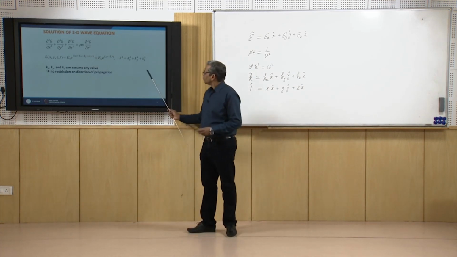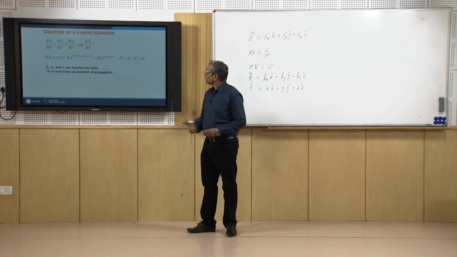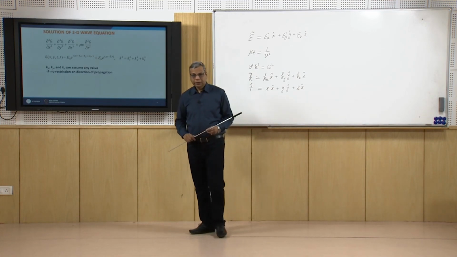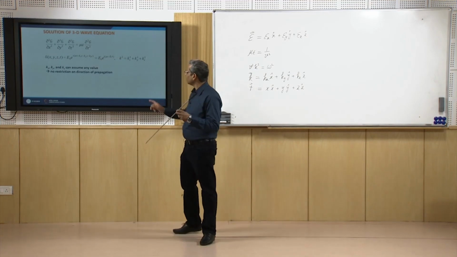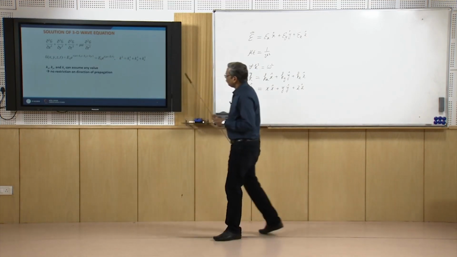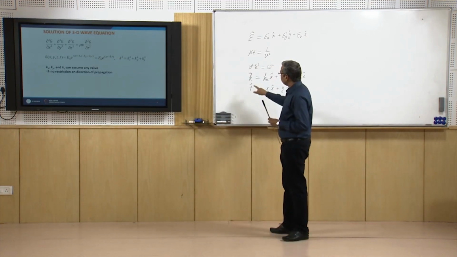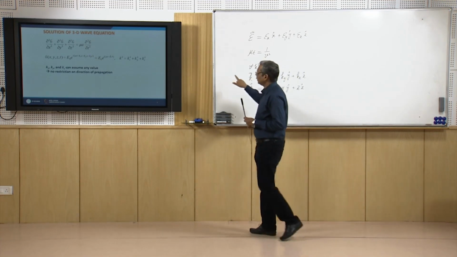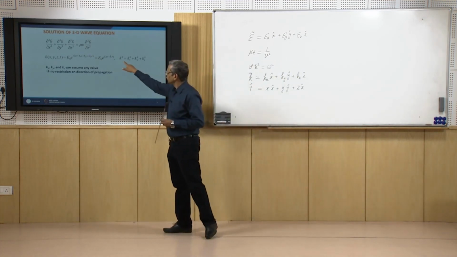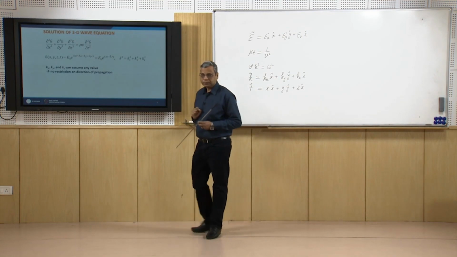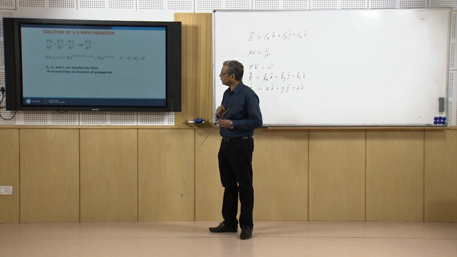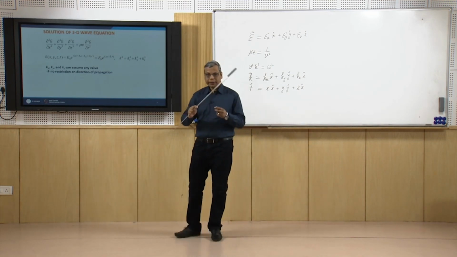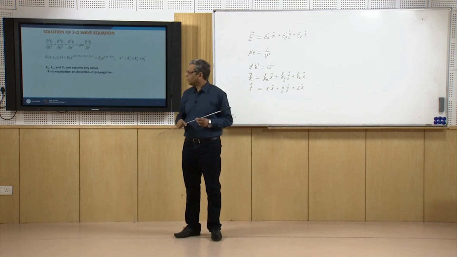So the values of k x, k y and k z give me the angle at which this wave is moving, and the magnitude of the propagation constant k is always this. So for a given magnitude of propagation constant k, various angles are possible.